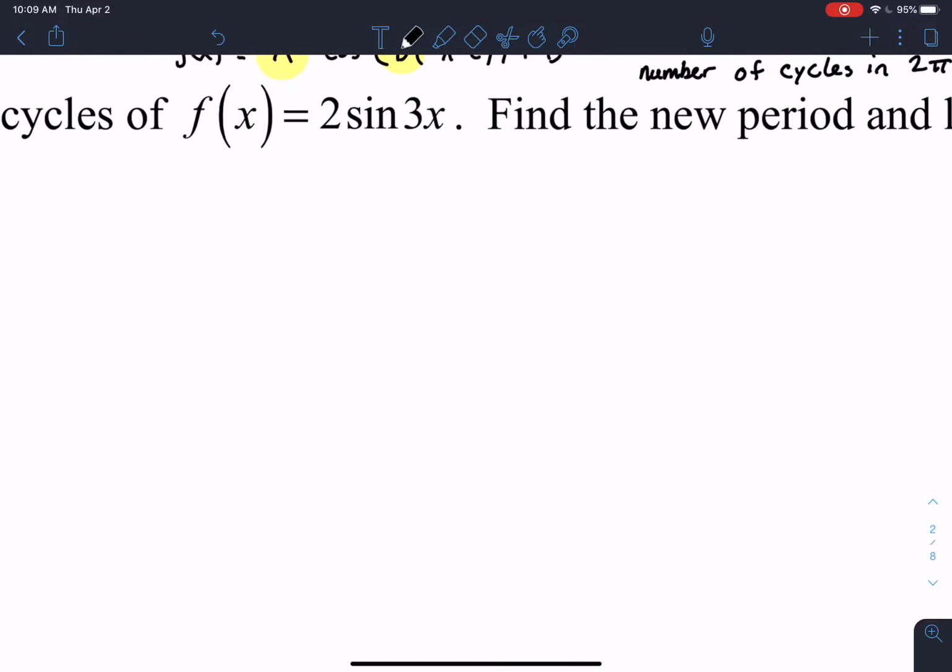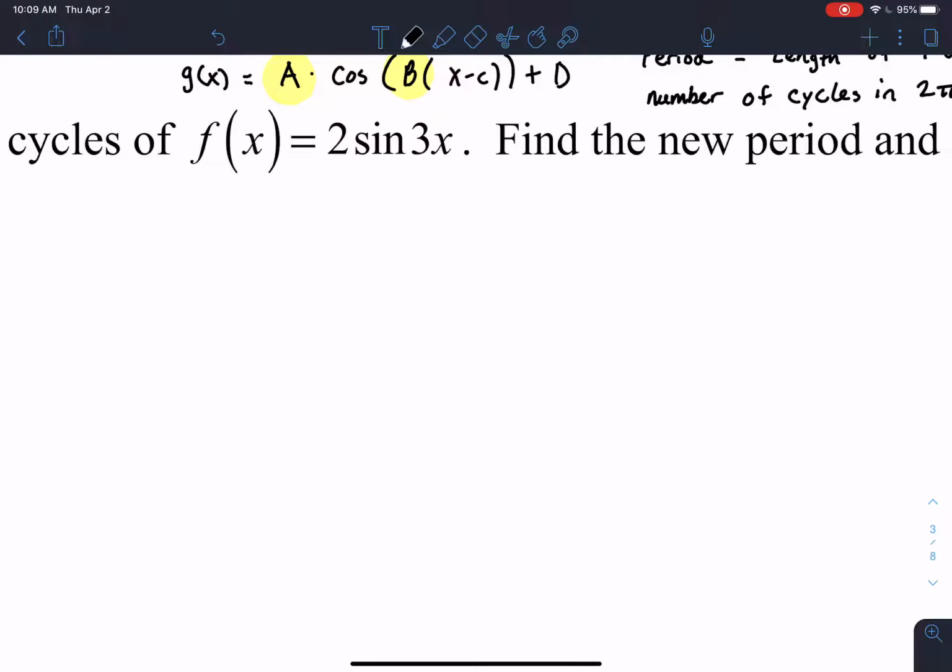So when we're looking at this first one here, I have 2 sine of 3x. I'm going to pay attention to the 2 and also the 3. The amplitude I know is 2, so I'm going to go up to positive 2 and then negative 2. The b term here is 3.